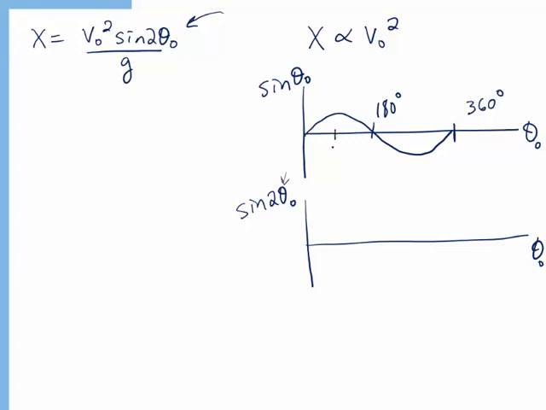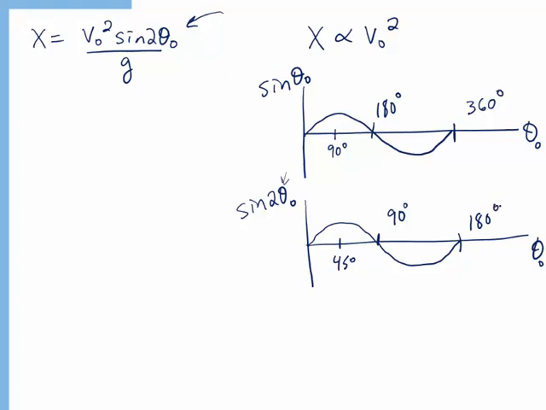Well, we know the sine of 90 degrees is 1. So what this does is it ends up compressing the graph. In other words, this is now 45 degrees, and this is 90. So now the whole period of the graph is only 180 degrees instead of 360 degrees.